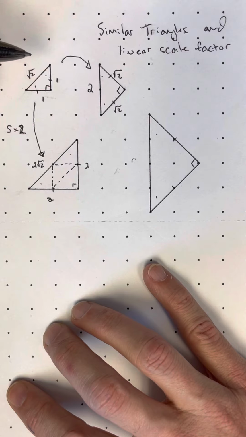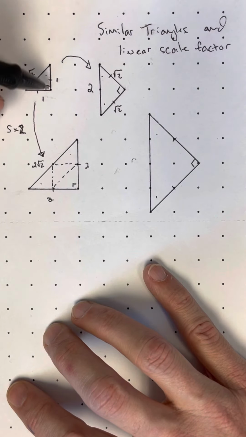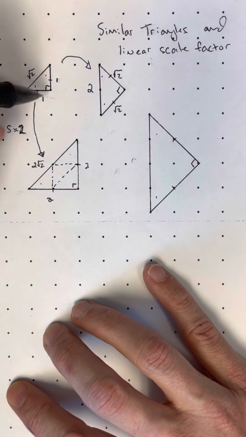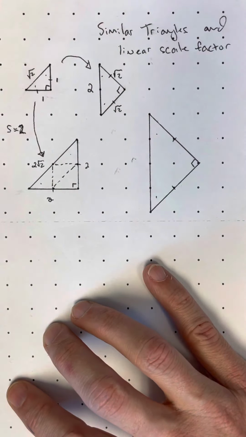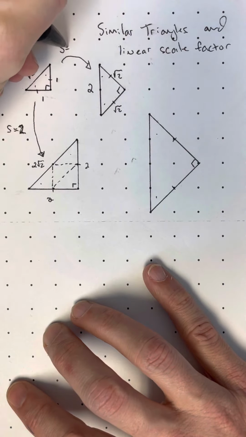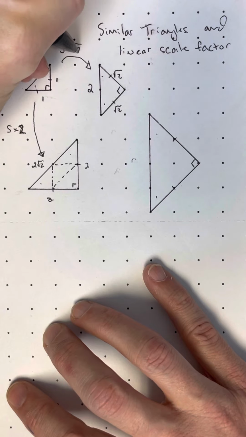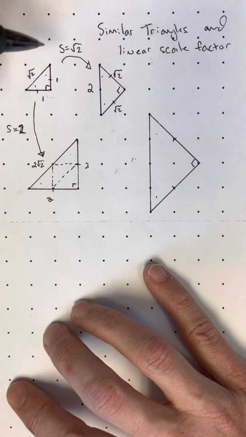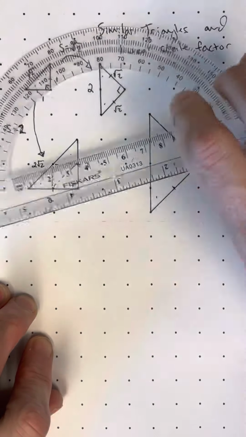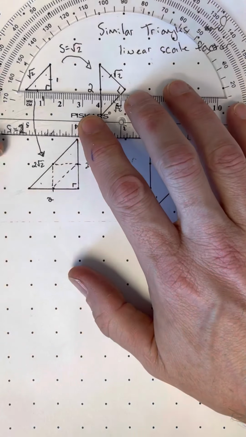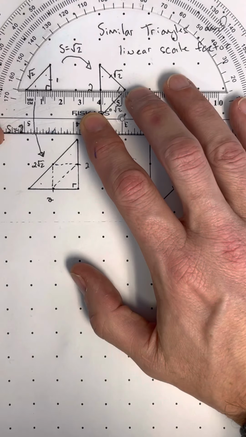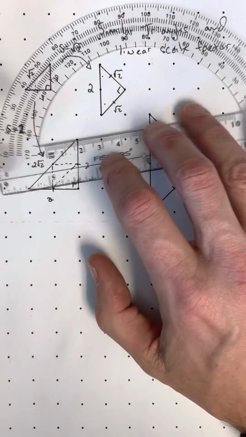So notice here that side length 1 corresponds to side length square root of 2. Here, side length 1 corresponds to side length square root of 2. So it's being multiplied by square root of 2. So S equals square root of 2. If you actually did the measurement, I tried this in class, but if you're trying to do a more direct measurement, this is about 13 millimeters.